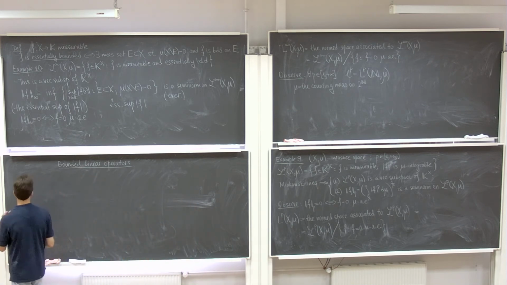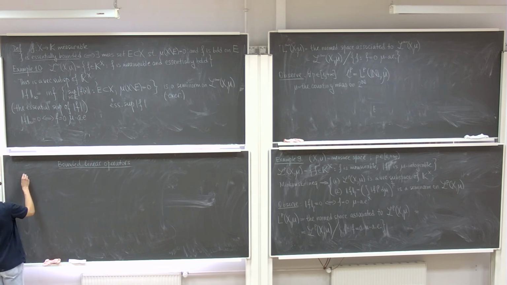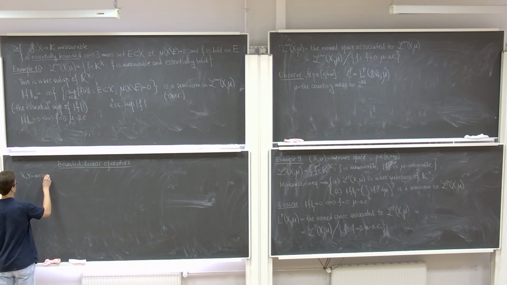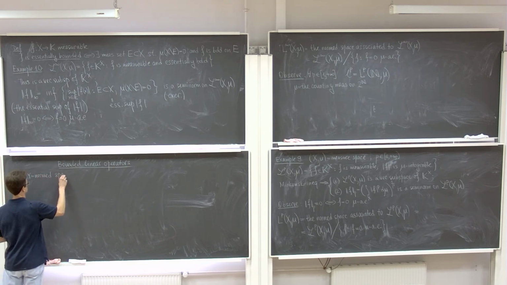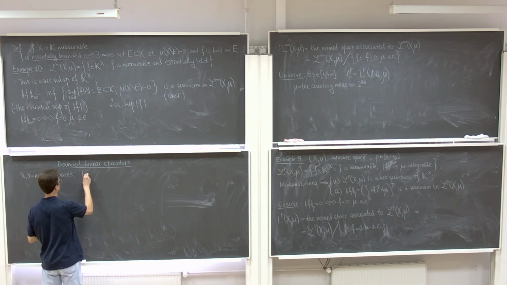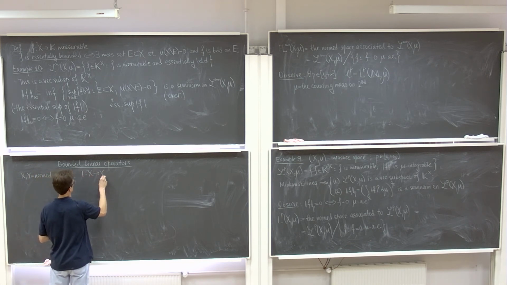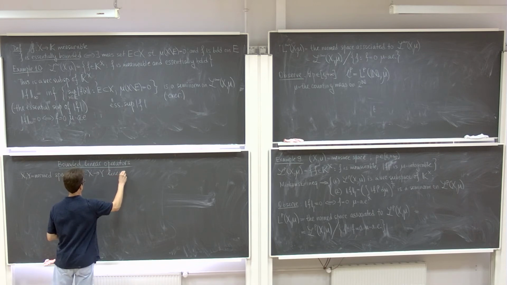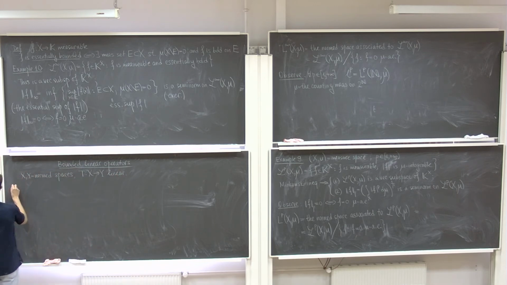Okay, so suppose we have two norm spaces, X and Y, and a linear operator T from X to Y. So we have the following definition.